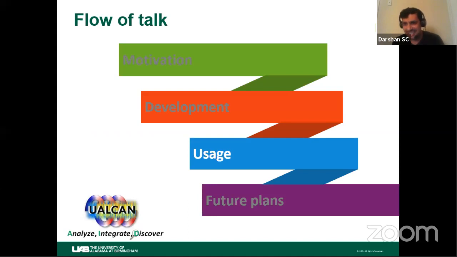It was designed to be very easy to use, and it is targeted especially towards clinical and cancer researchers who are not equipped with programming skills. They should be able to easily click buttons, get the results, and interpret them easily. That's the objective of designing and developing this program.